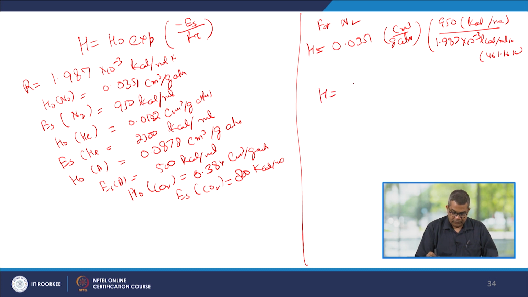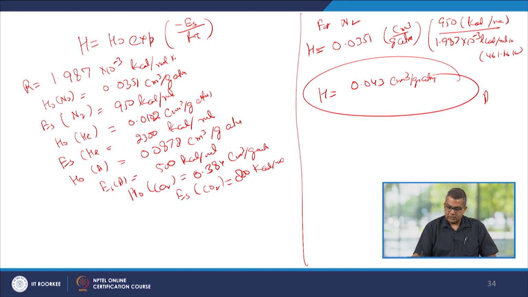Now this H is equal to 0.043 centimeter cube per gram atom. This is the answer to the first part.